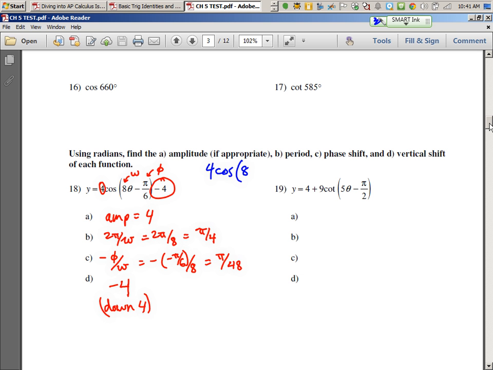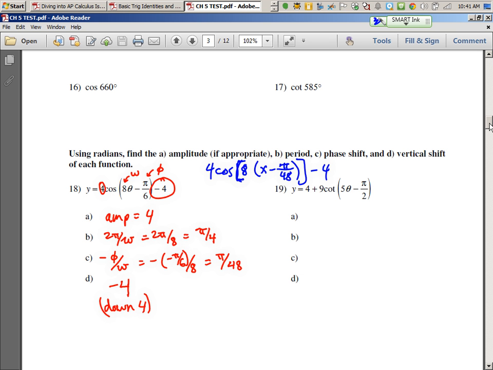If you pull the 8 out real quick from the inside, and we'll use x instead of theta, you understand that this graph is a vertically stretched, horizontally compressed, right shifted, downshifted cosine.